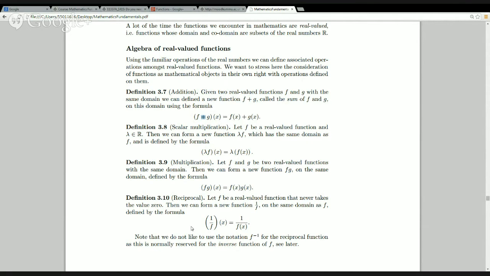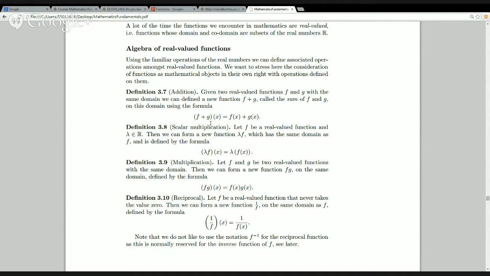So these are four operations that we can do on functions. If you're given a pair of functions, these first three operations show you how to construct a new function out of the two basic functions.